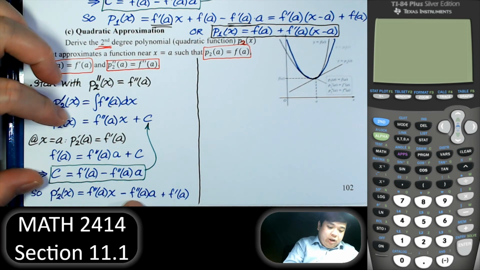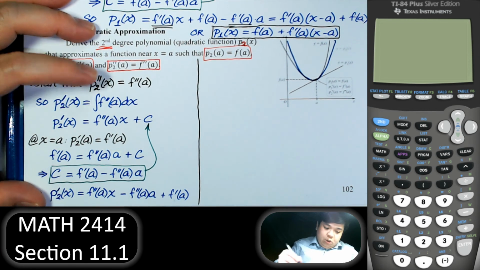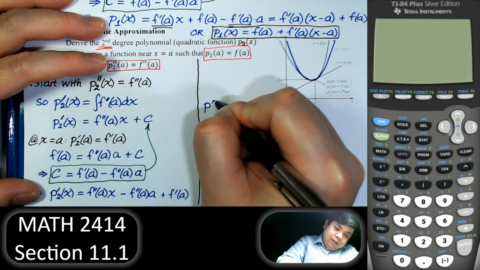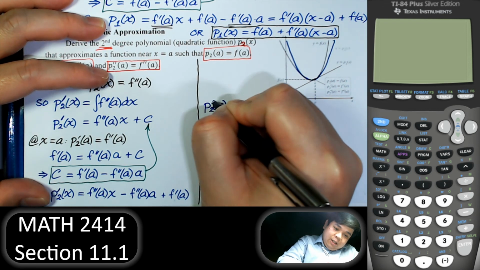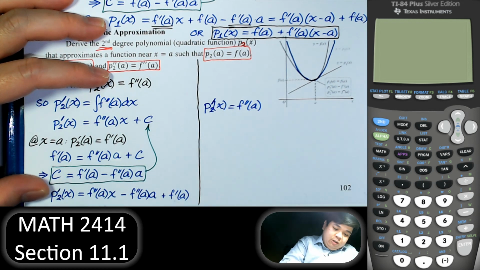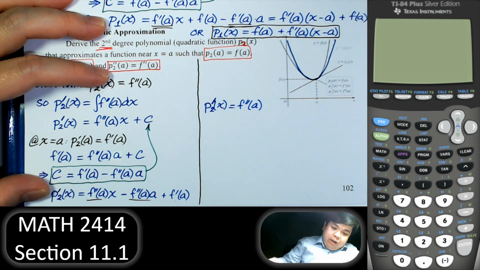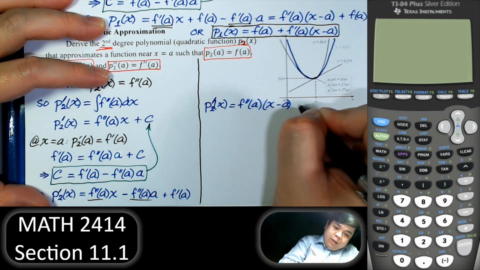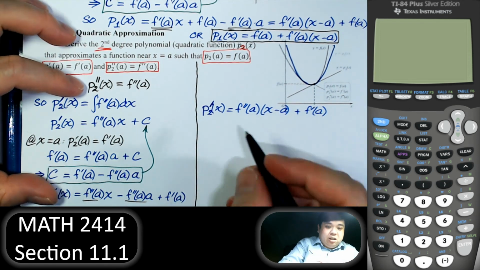So when it's like this, we can factor out the second derivative. So we'll have the second derivative of the function, factor that out, times (x minus a), plus the derivative. Right, so that is the derivative.